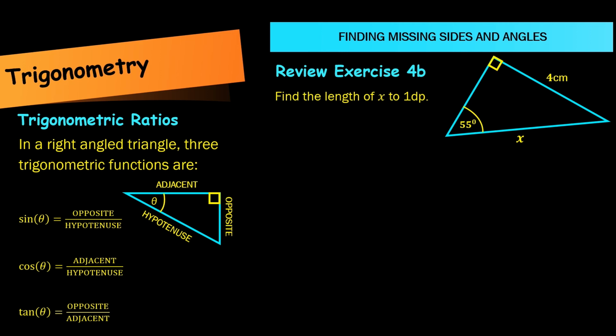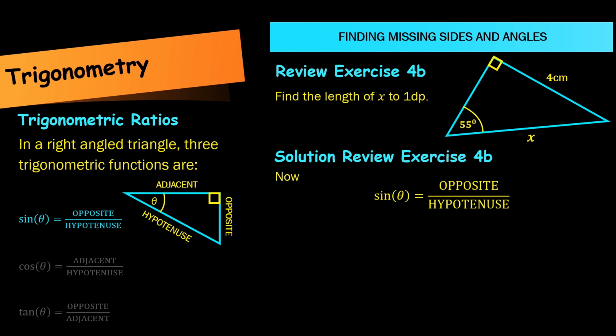So when solving this, we need to use the formula sin theta equals opposite over hypotenuse to give us sin 55 degrees equals 4, which is the opposite, over x, which is the hypotenuse. And rearranging this gives us x equals 4 over sine 55 degrees, which is x equals 4.9 centimeters.